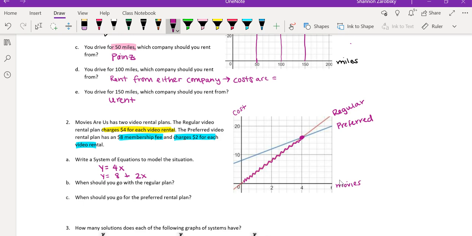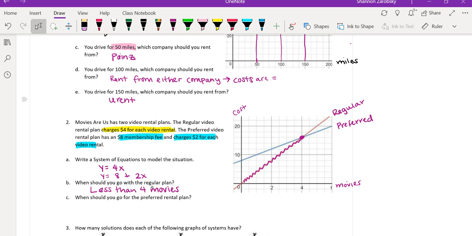So up until 4 movies, less than 4 movies, you are saving money, and you should go with the regular plan. Think about it: if you don't rent a lot of movies, why would you pay for a subscription service?